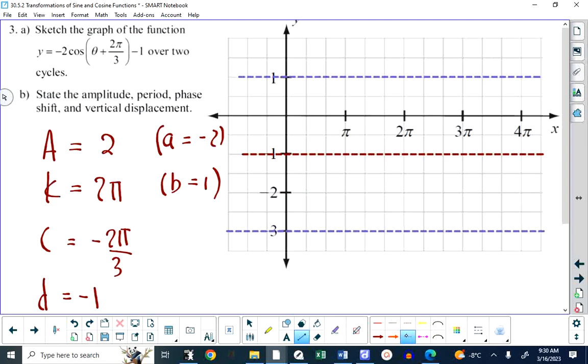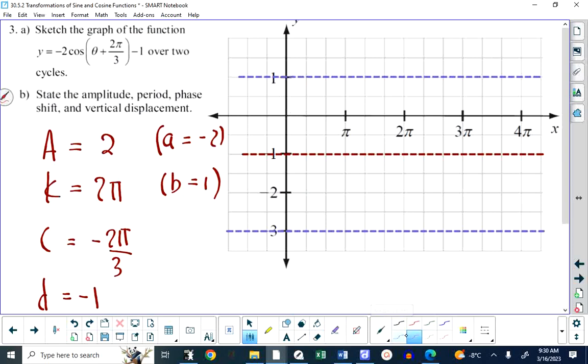So this question is very similar to all of the ones in 1, but I'm not asking you for the domain and range and stuff. This is a cosine graph. Cosine would normally start at the top, going down, but since a is negative, it's going to start at the bottom, going up.